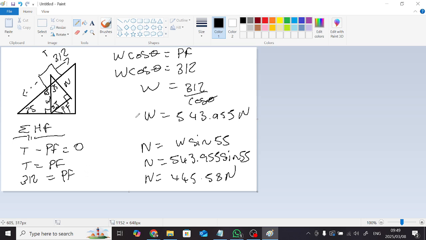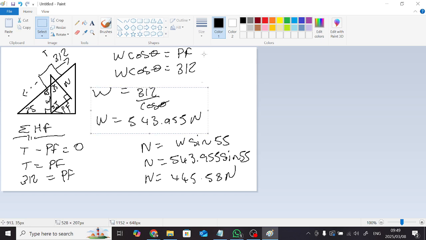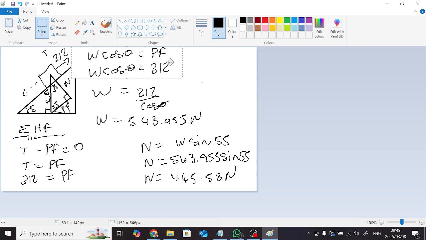The next one, we wanted to find W, and we know that PF is also equal to W cos theta, right? Because we're breaking this weight into its components. We're breaking that small triangle into its components.